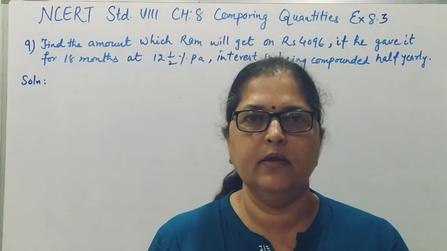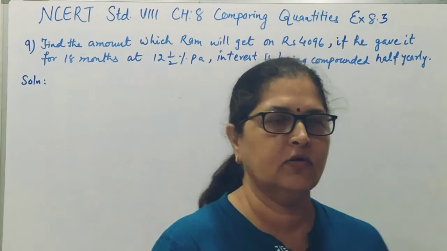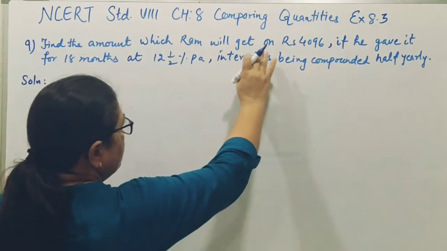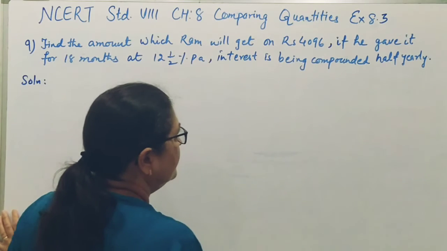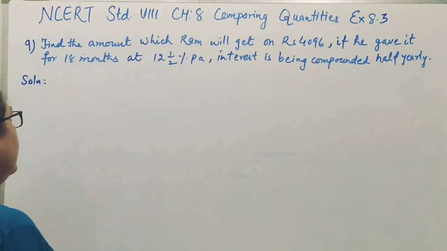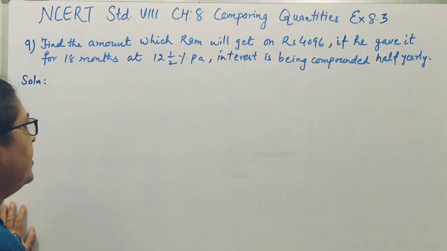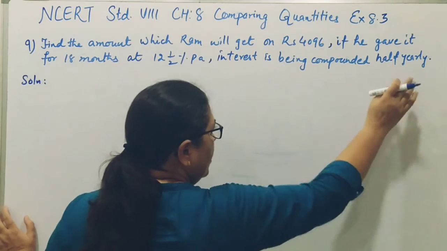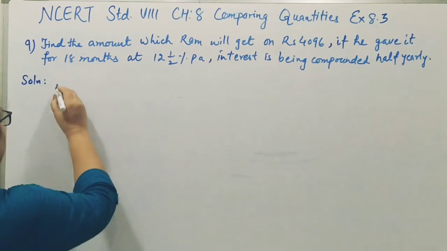Next, question number 9 of Exercise 8.3. The question is, find the amount which Ram will get on rupees 4096 if he gave it for 18 months at 12.5% per annum. Interest is being compounded half yearly. So let us start.